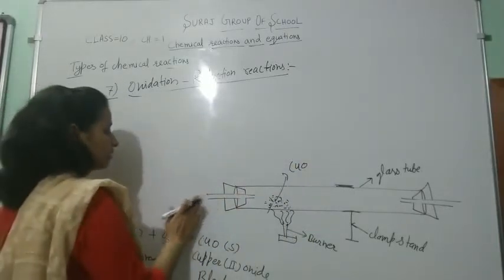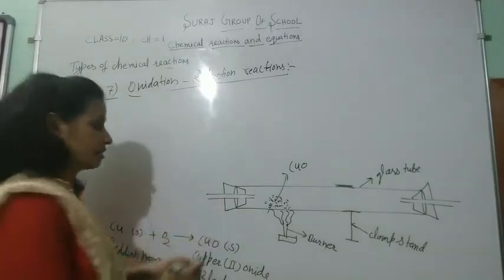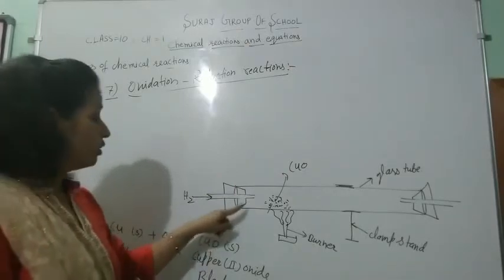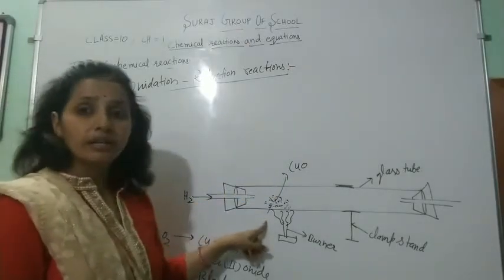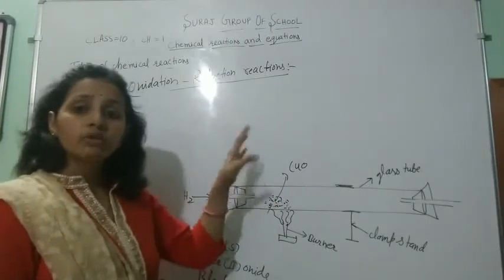Now we supply hydrogen gas in place of air over this heated copper oxide and start heating it. After some time, this copper oxide breaks down.